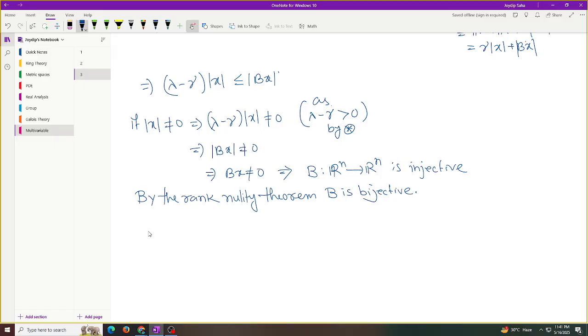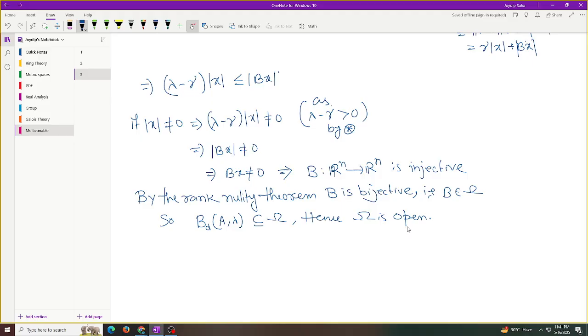So B, that means B belongs to omega. So the ball B(A, lambda) is a subset of omega, hence omega is open.